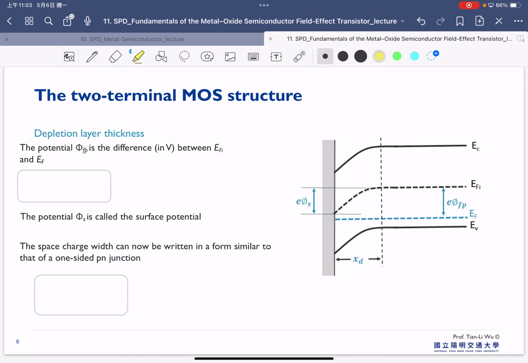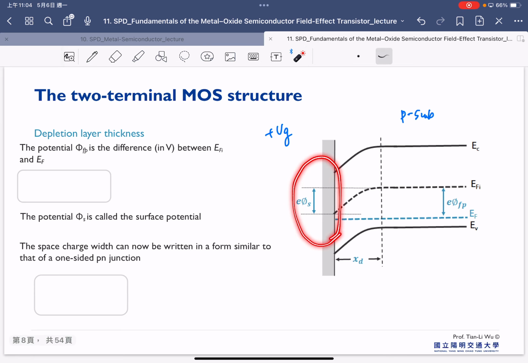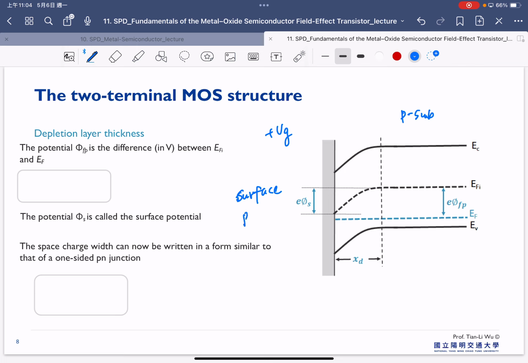So first of all, we consider this a p-type substrate, and now we apply the positive gate bias here. So we will start to have this band bending that we already showed, and phi s is the surface potential. As we already know, in this case we will start to have the induced space charge region.